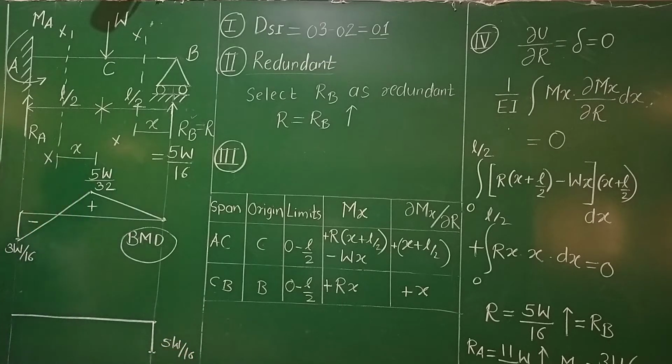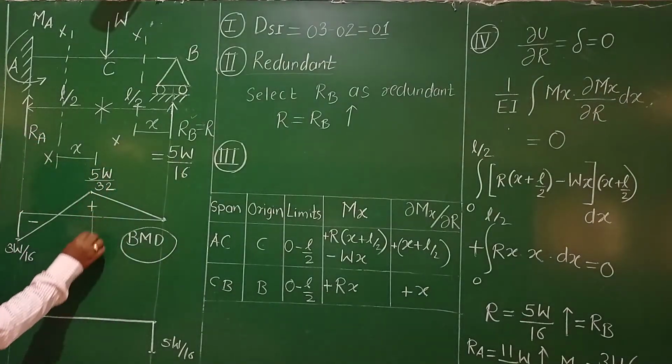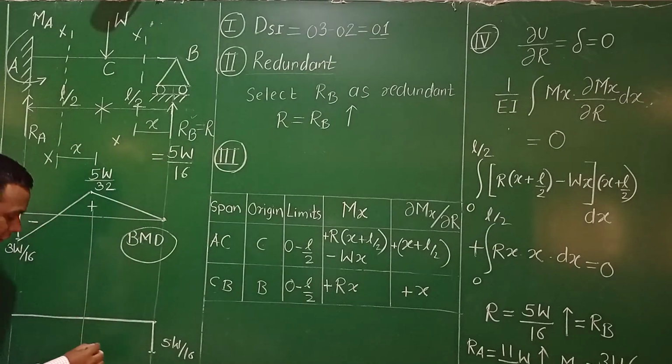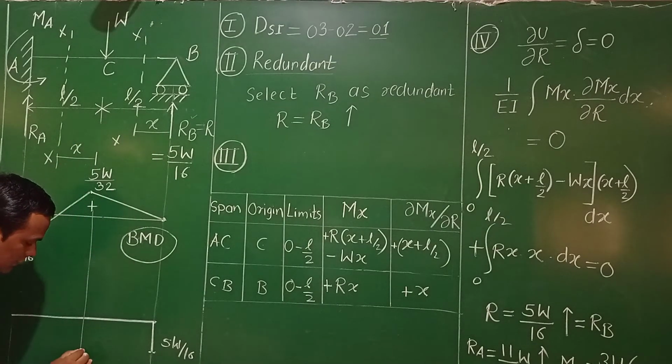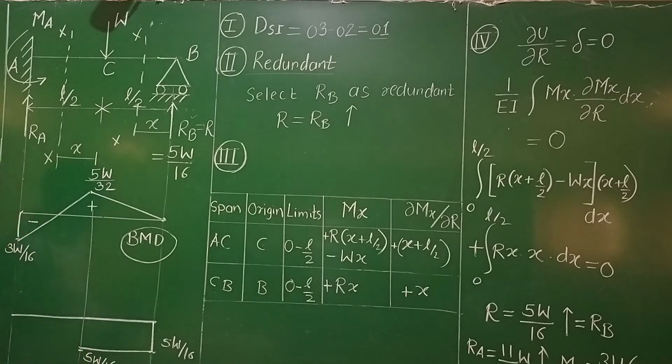Now when you move from B to C, there is no change in load, so it remains the same till point C. So you can join it by a parallel line.